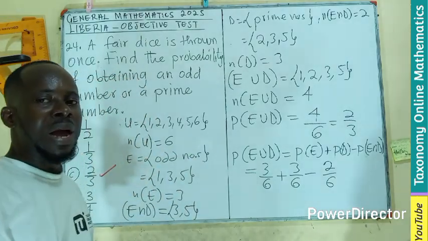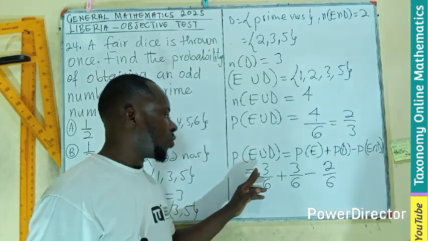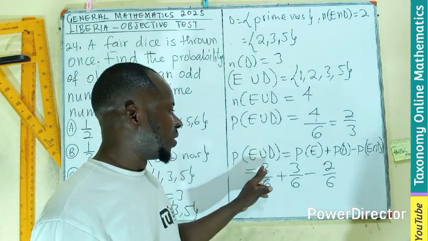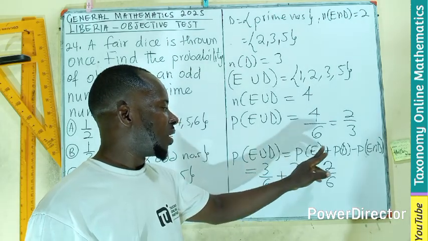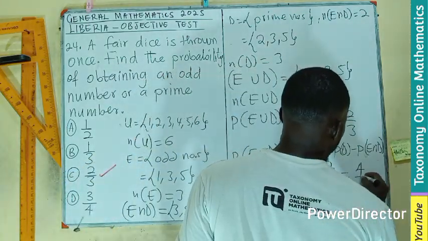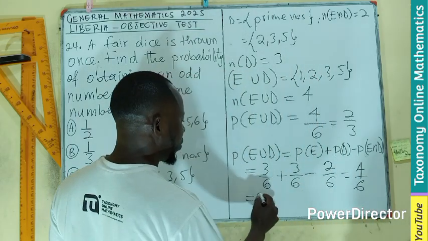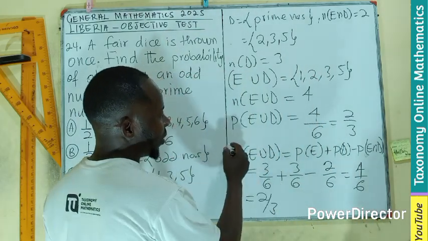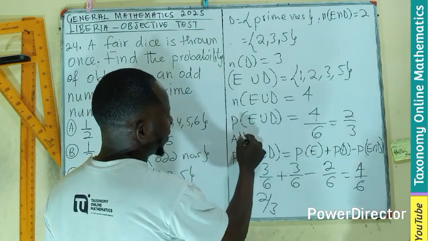Total. Remember, you're having the same denominator, so you add the numerators, which is this plus this 6 minus this 4. So you still have 4 out of 6, which is still 2 out of what? 3.